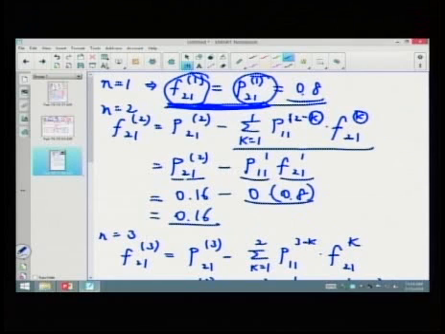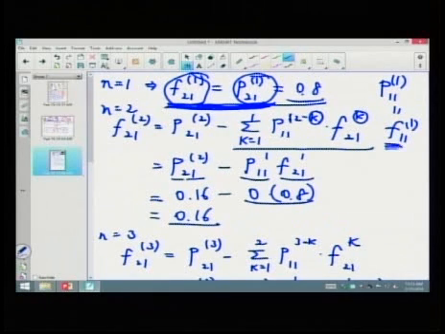Think about the weather forecast example. Today is hot, and tomorrow is hot. What is the probability? That's going to be p sub, for example, 1, 1 to the power 1, right? And then that is exactly the same as f11.